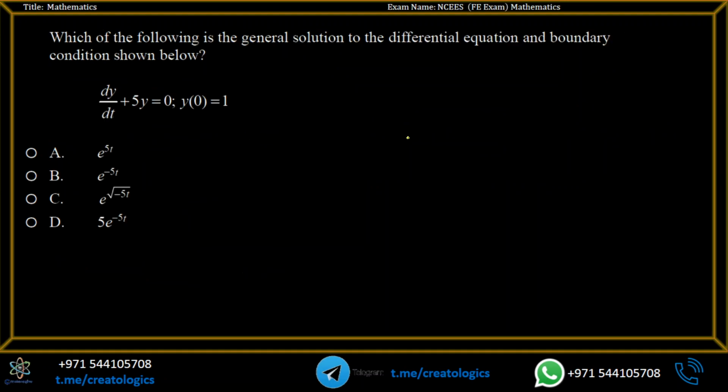Now the next question. The question says, which of the following is the general solution of the differential equation, and the boundary conditions are given? In this case also, it's obviously a linear differential equation with an initial value problem.